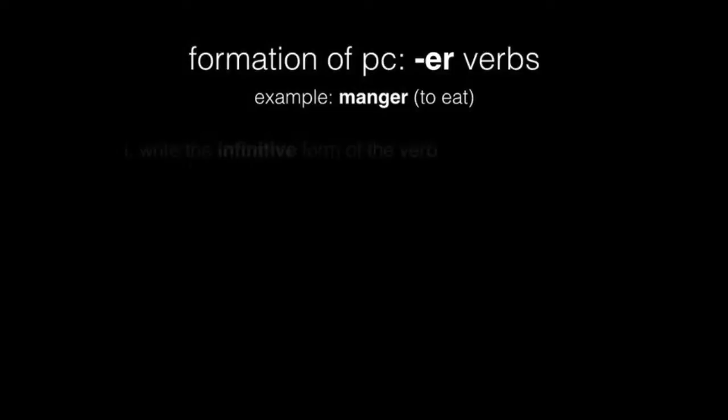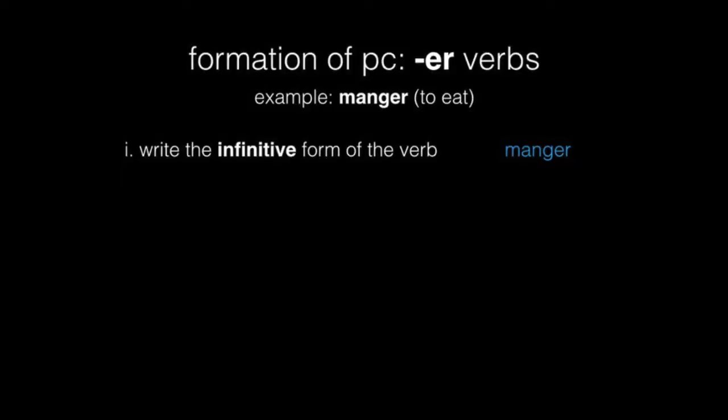Let's see. Formation of PC, ER verbs. For this slide, I'm going to use manger, which means to eat, as an example. Step 1. Write the infinitive form of the verb, which is just the normal verb with the ER attached to it. That says to eat.